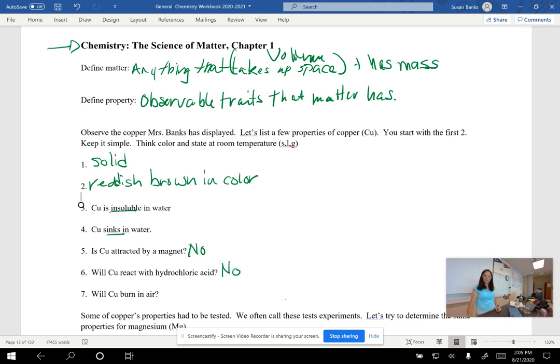Can I burn copper in air? I don't think I can either. So we're going to give this a go. We're going to light up a Bunsen burner. And I'm going to take some tongs here. I'm going to grab one of the larger copper beads with these tongs and hold it in here for a bit.